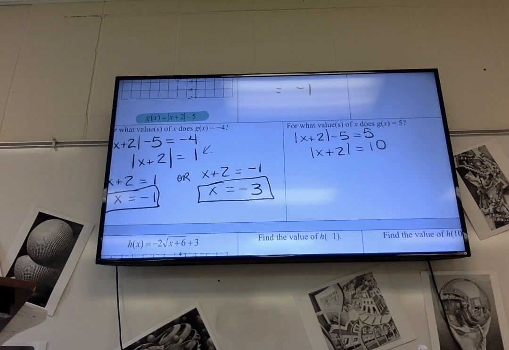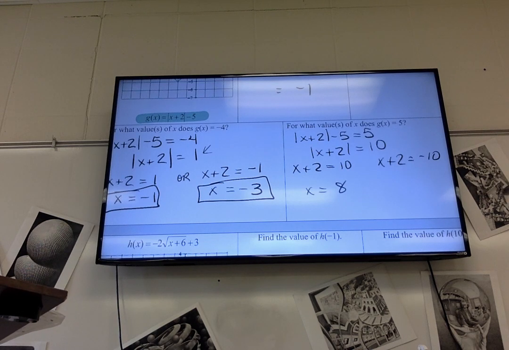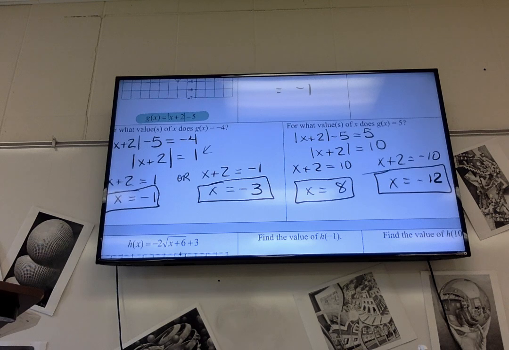Cameron, then what? We do x plus 2 equals 10, and then x plus 2 equals negative 10. Good. So then what are our answers, Isella? 8 and negative 12. Good. I don't think my graph's going to go that far.